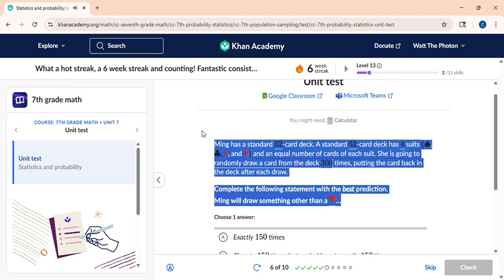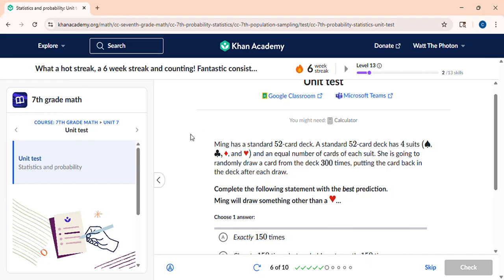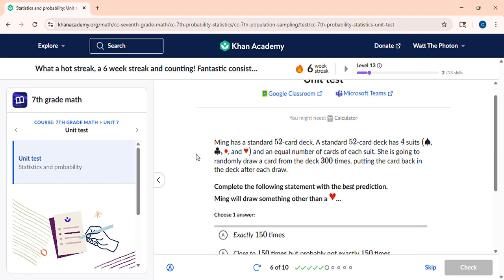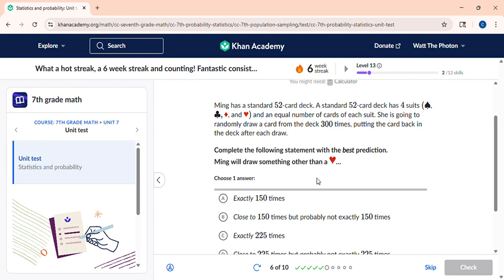Ming has a standard 52-card deck, with 4 suits and an equal number of cards in each suit. She's going to randomly select a card from the deck 300 times, putting the card back in the deck after each draw. Complete the following statement with the best prediction.